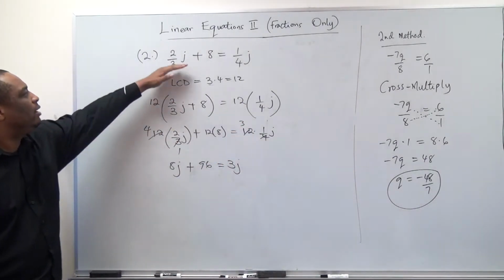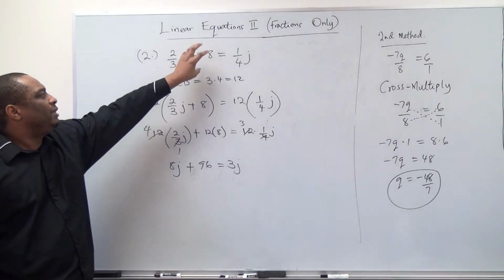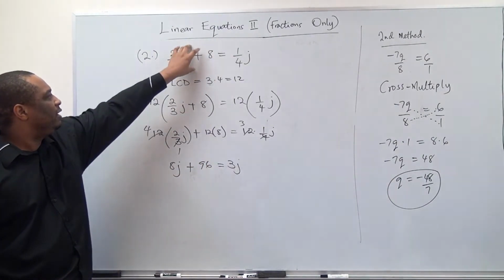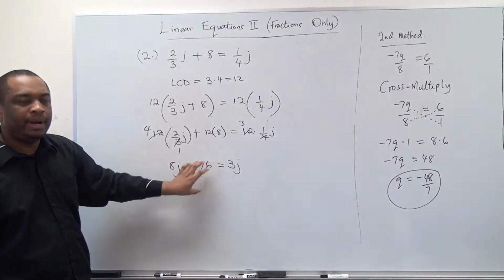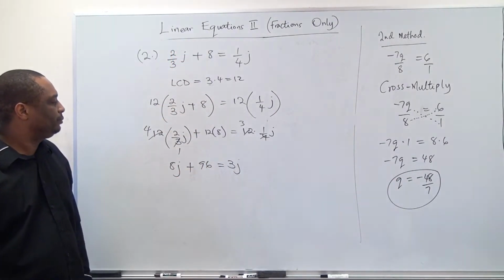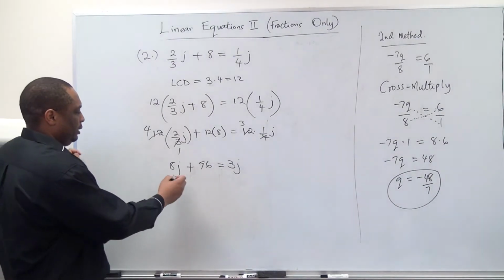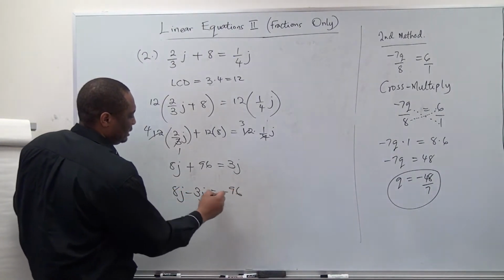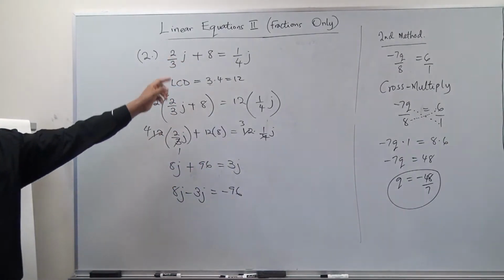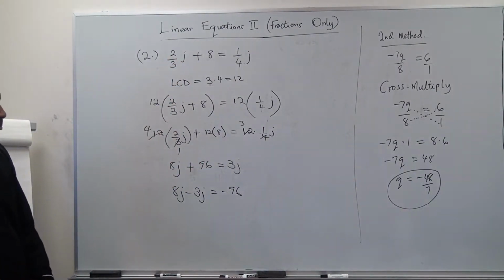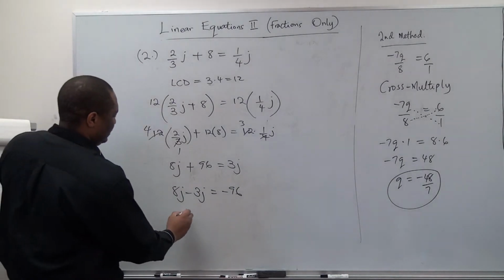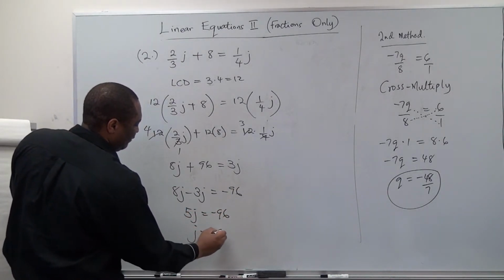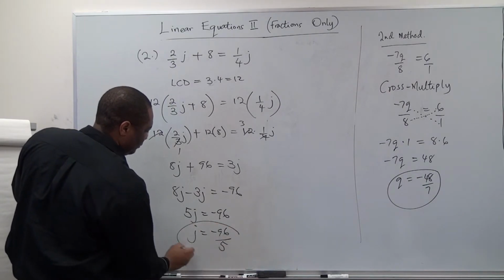So you see, we've now made sure that these fractions are converted to whole numbers. Then we can now do 8j minus 3j equal to negative 96, just like we did on integers. You need to view the video. So we now have 5j equal to negative 96, and j will be negative 96 over 5.